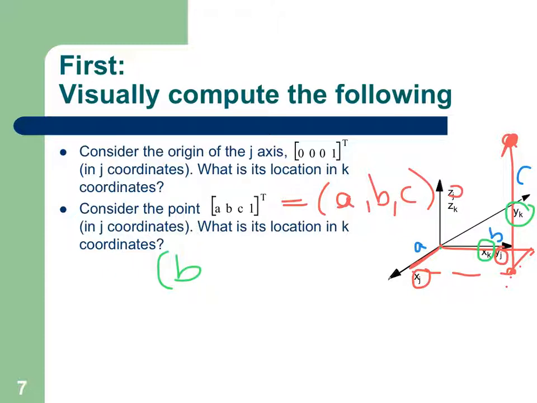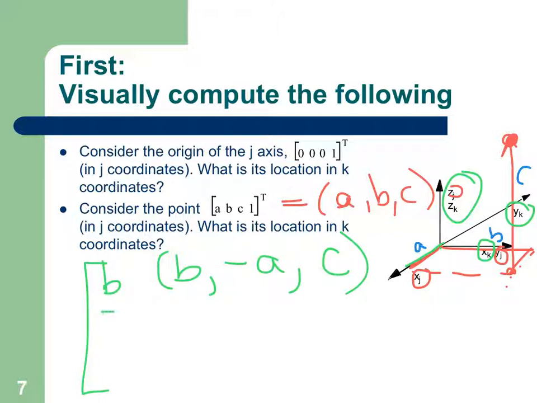But it's along the same line. So we have to take whatever the x value is here, which in this case is a, and we went a units in that direction, which is the negative direction for y, so we need to say negative a. And then it looks like the two z-axes are in the same direction, the same location, so we can just copy that c there. So our new point, in our vector notation, would be b, negative a, c, and 1 as our weighting factor.